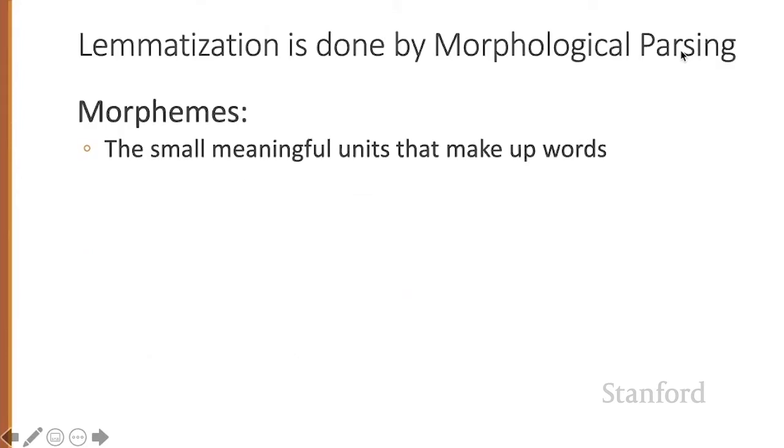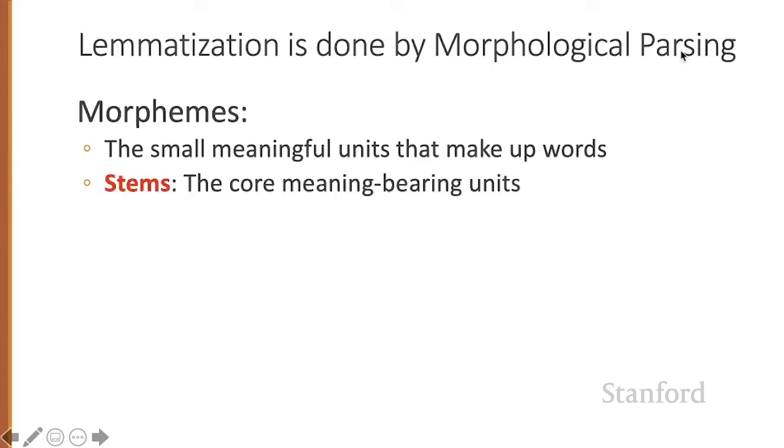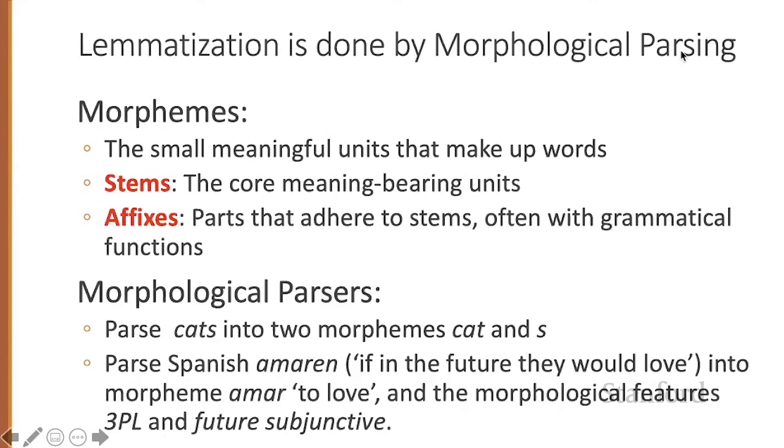Lemmatization is done by morphological parsing. So recall that a morpheme is the smallest meaningful unit that makes up a word. And we often distinguish two kinds of morphemes: stems, those are the core meaning-bearing units, and affixes, these parts that adhere to the stems, often with some kind of grammatical function. And the job of a morphological parser is to break up a word into morphemes.